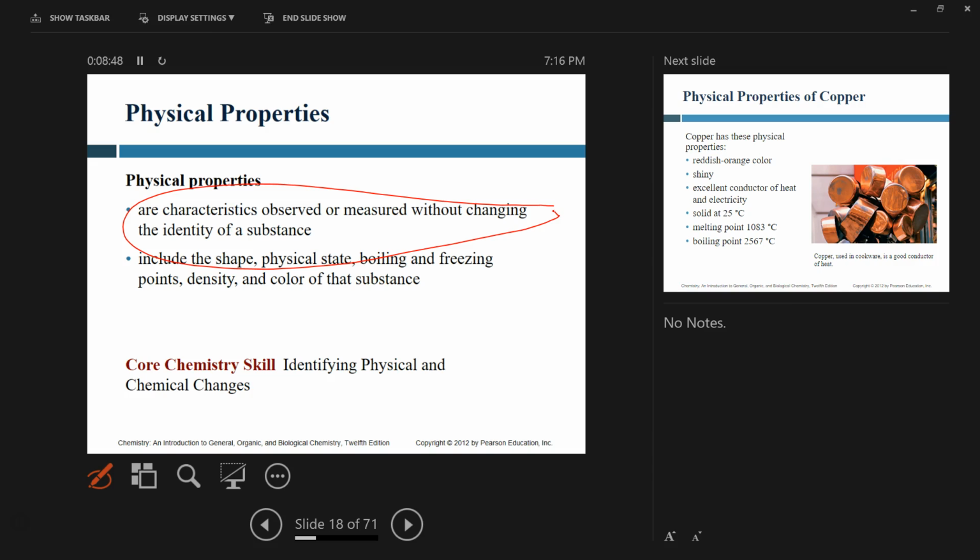You take a chunk of lead and you melt it. Does it change its physical properties? Yeah, it goes from solid to liquid. Is it still lead? Yeah. So chemically, it's the same compound. Water, ice, liquid water, water vapor. It's all water. Chemically, it's the same compound, but it has different physical properties in each of its states.